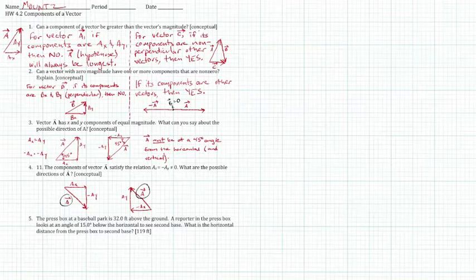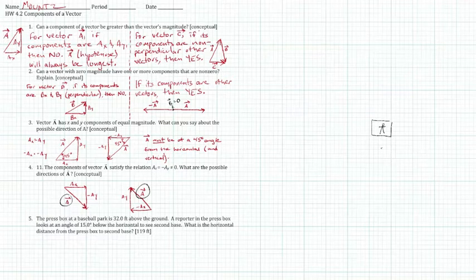So question number 5, we've got a baseball theme here, and we've got a press box. I'll draw that in black right here. Press box, and we have a reporter in the press box right there, and he is 32 feet above the ground.